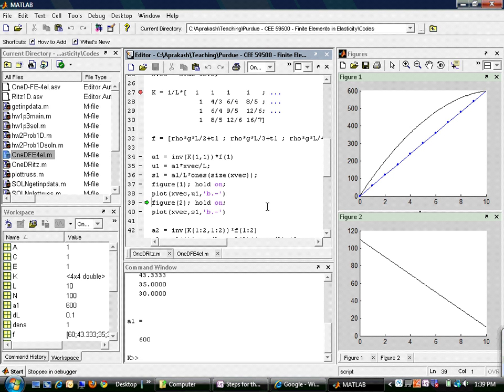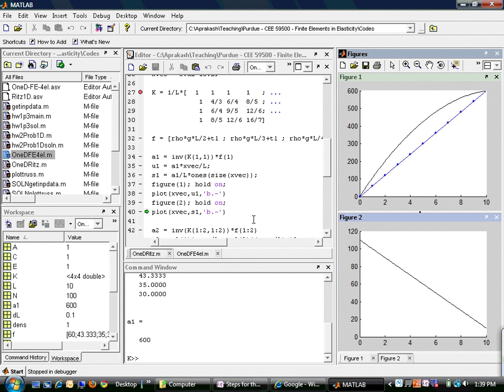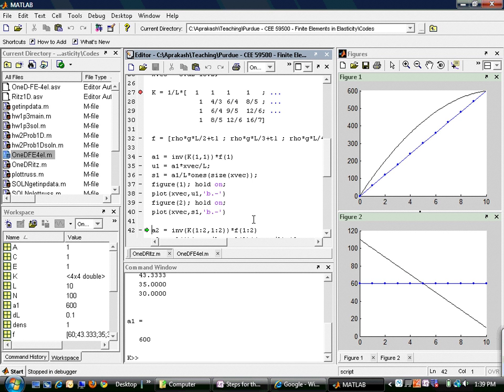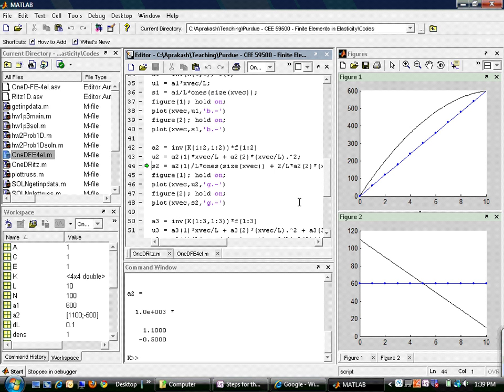This is expected. Last time we did not plot the stresses, so here's the plot for the stresses. If the displacement is linear, the stresses have to be constant, right? We also showed last time that if you choose the first two terms, meaning the linear and the quadratic term, then you end up with the exact solution.